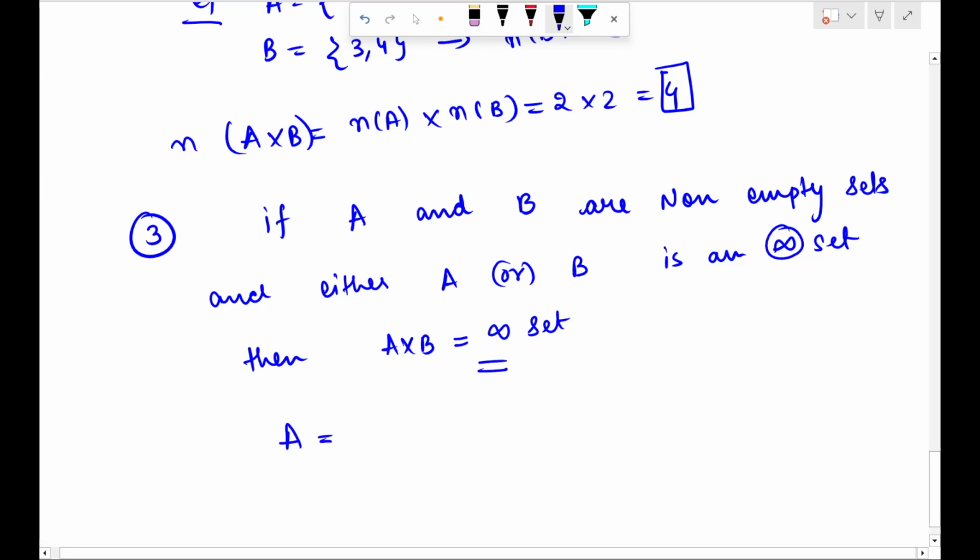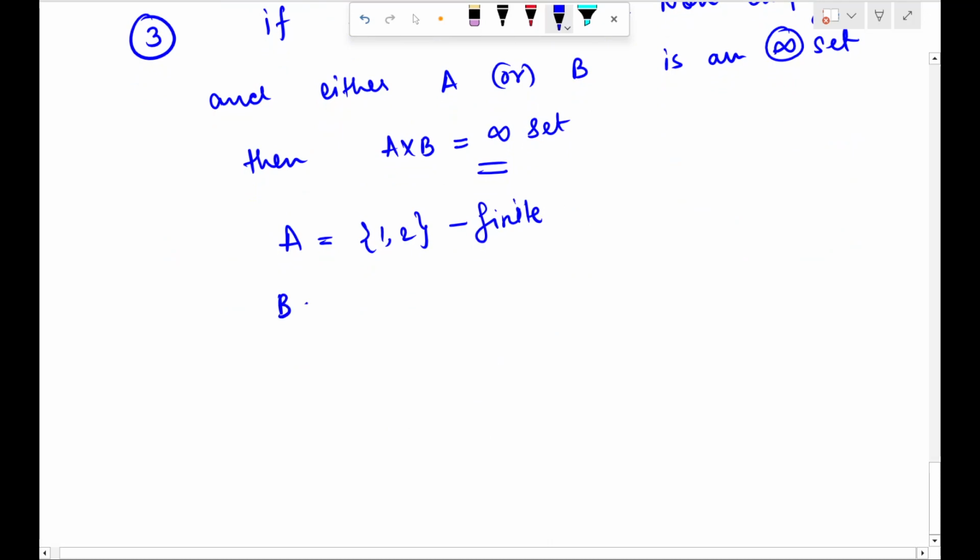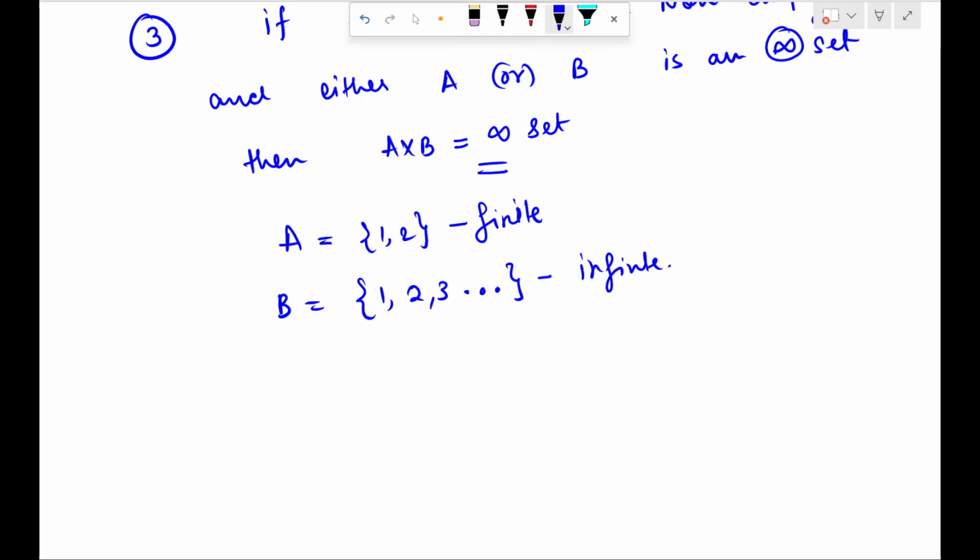So if A is {1, 2}, a finite set, and B is the set of natural numbers 1, 2, 3, and so on, an infinite set, then A cross B will be (1,1), (1,2), (1,3), and so on. It is also an infinite set.